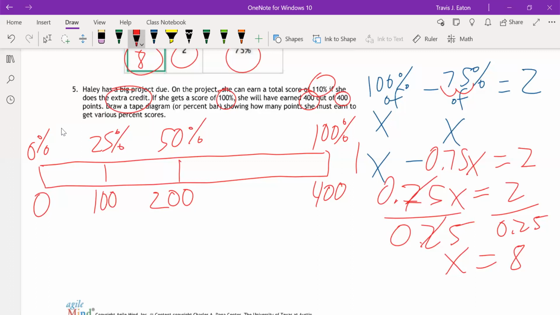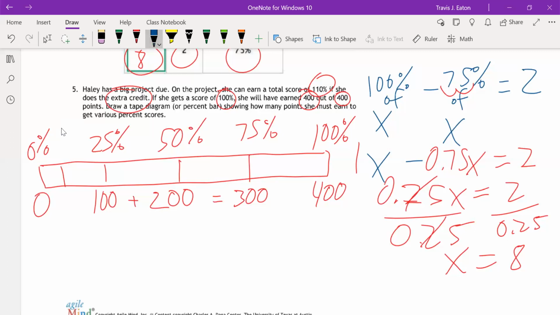Now, from that, of course, we can certainly find 75% because we can add 25% and 50% to get 75%. So 100 plus 200 gives us 300. So now we've got all these cool benchmarks, but there's even a couple more. How about let's find 10%?